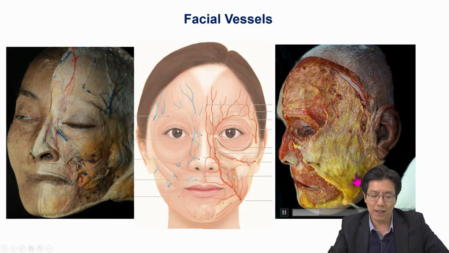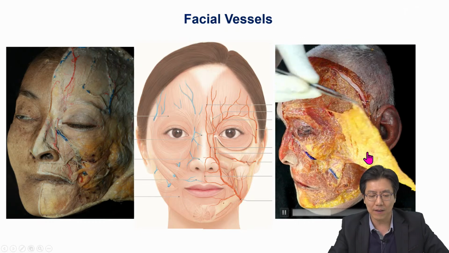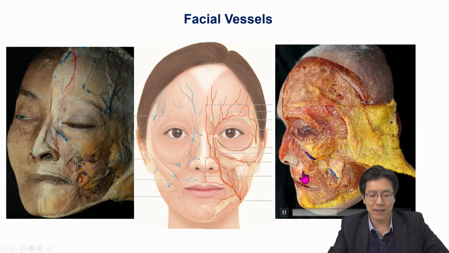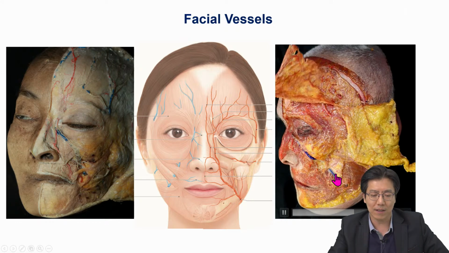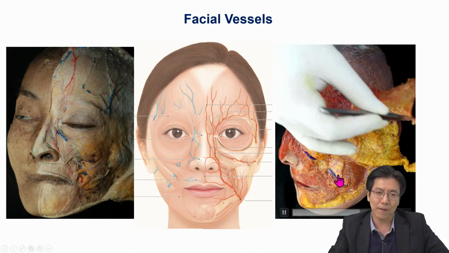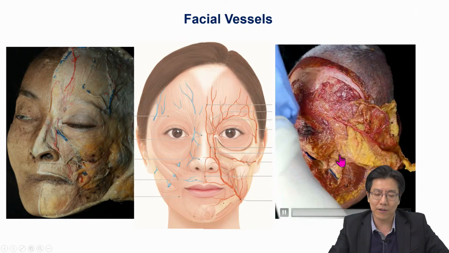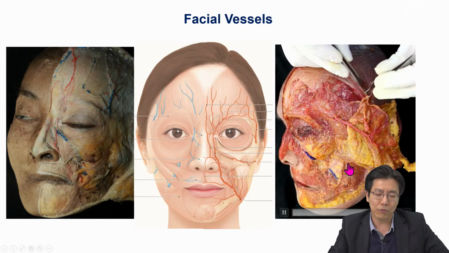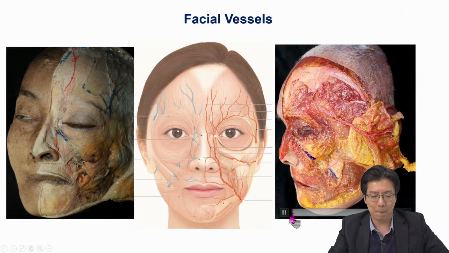This is the subcutaneous layer. I open the subcutaneous fat layer. Then these are the facial muscles. Then we can see the exposed facial vessels, like the facial vein and artery, in the subcutaneous layer. So it can be very dangerous when we put the thread deep underneath the skin.